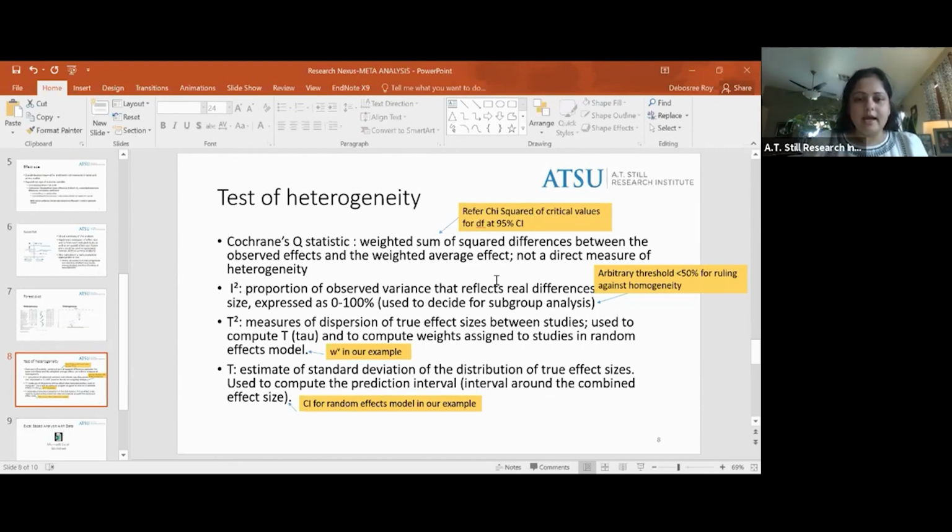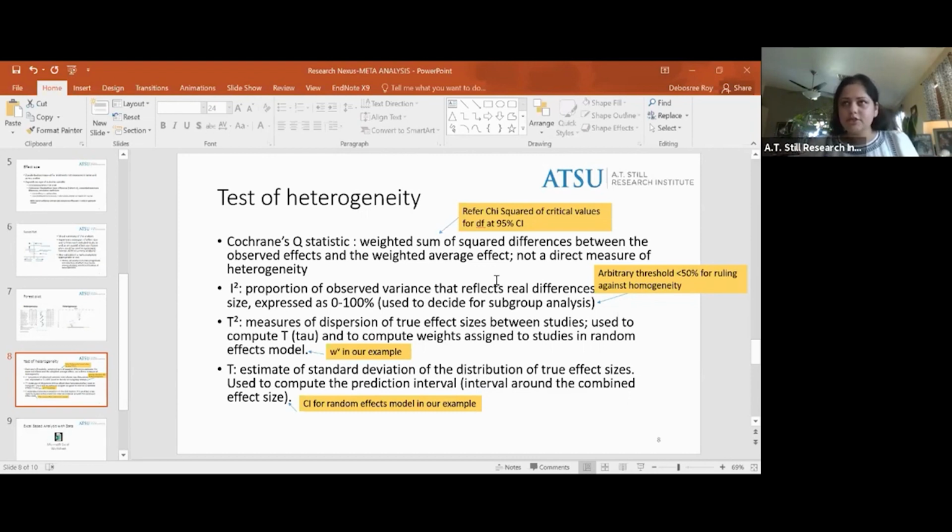Then we have the I-squared statistic. It is the proportion of observed variance that reflects real differences in effect sizes, and it's expressed as a range from 0 to 100%, which makes it very easy for us to make the detection. So we have an arbitrary threshold of 50%. More than 50% means heterogeneous, less than 50% means homogeneous.